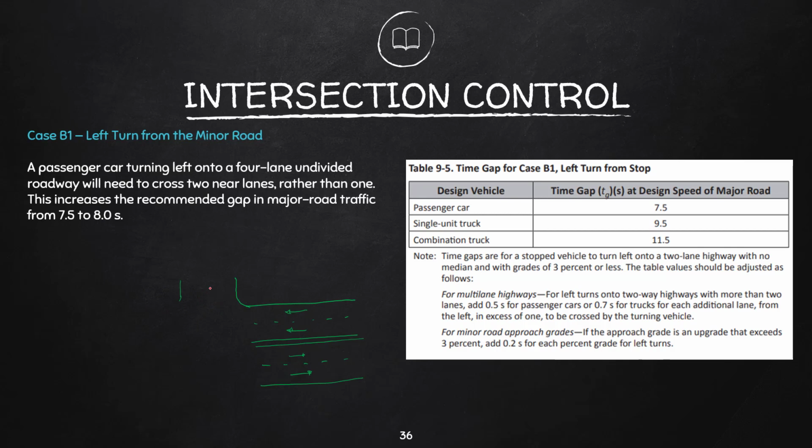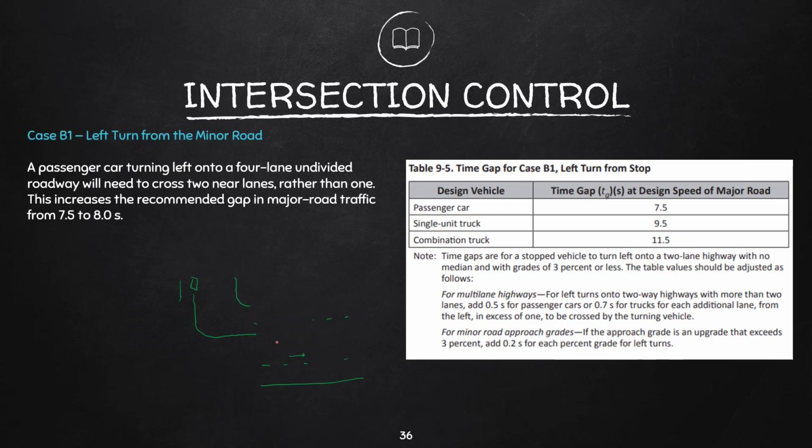If the vehicle is here, it will become here and here. For a 2-lane highway, imagine you don't have this portion. You will have this maneuver.